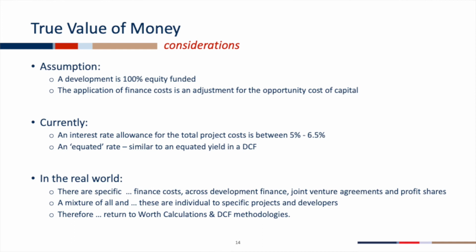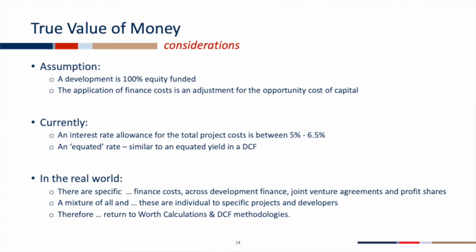But we would typically suggest that that rate is analogous to an equated yield that would be applied within a DCF calculation. Now, in the real world, outside of producing residual appraisals, we would expect to see very specific finance costings, definitely across development finance, but also the structure of deals, where there are joint venture agreements and profit share agreements, all as a mixture of these things.